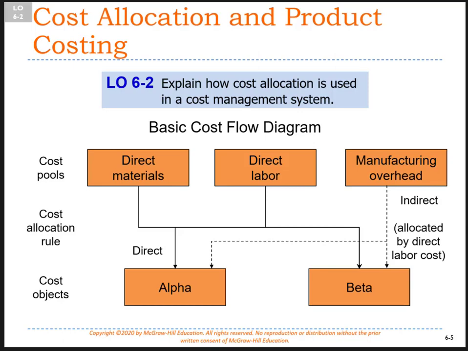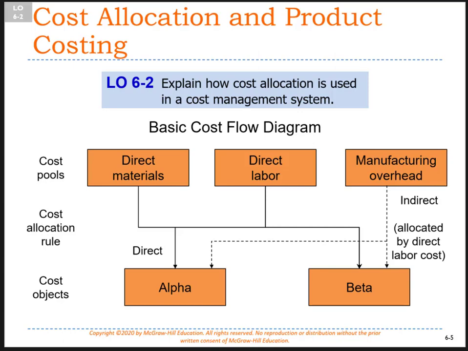But our manufacturing overhead, these indirect costs, by definition, are hard to trace, are difficult to find some specific relationship. And therefore, we have to come up with, as best we can, an allocation.